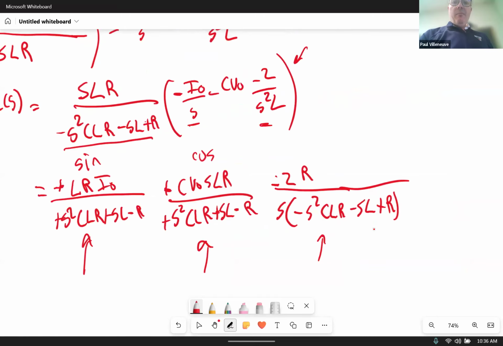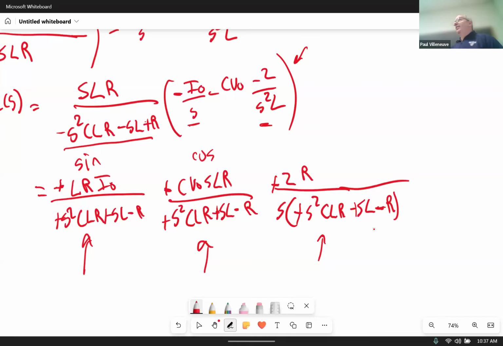Same thing over here. Plus, plus, plus, minus. But I know those negative signs can look a little intimidating. Just cross them out, cancel them out. They don't really change all that much when we cancel them out that way.